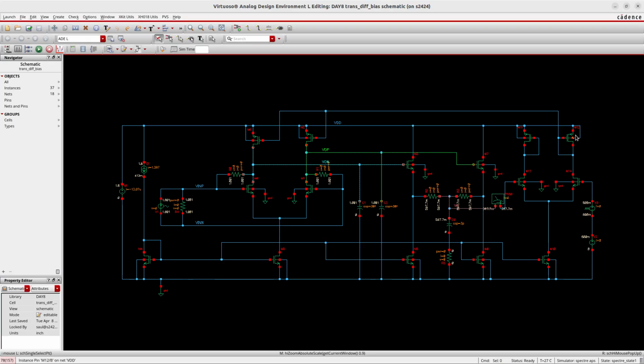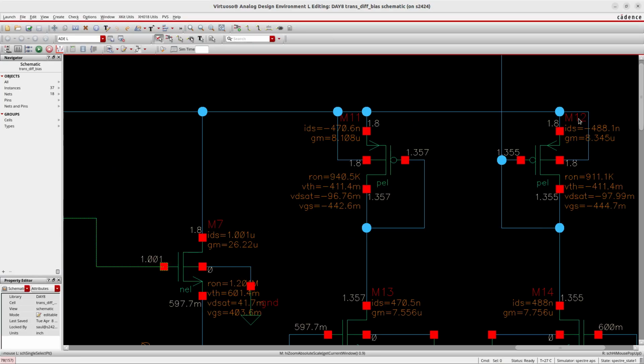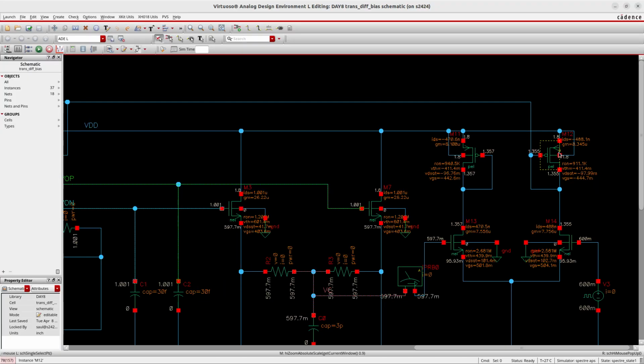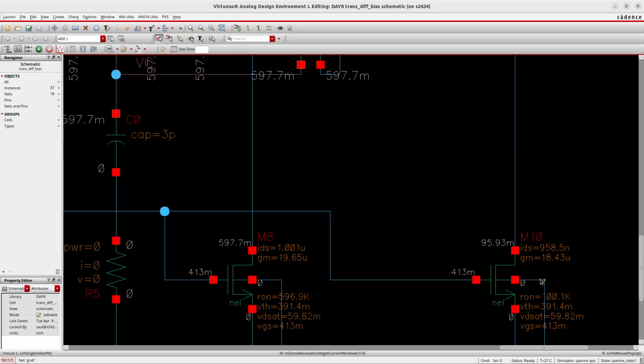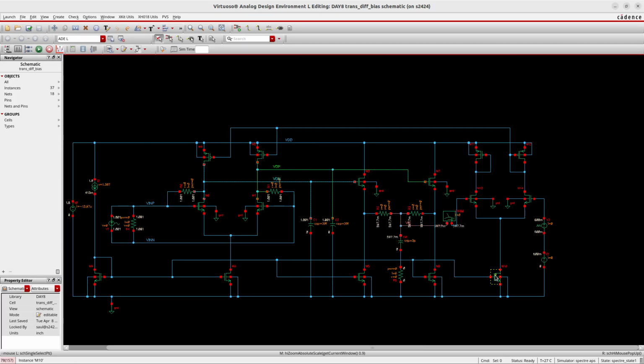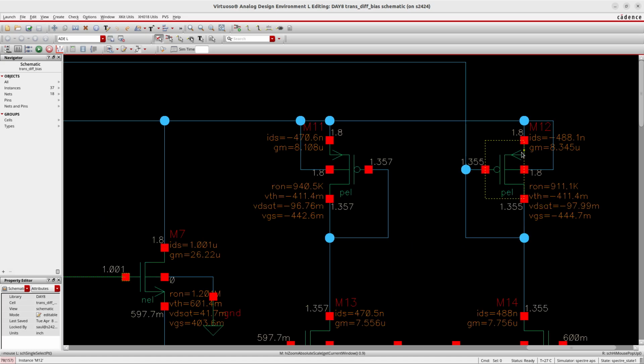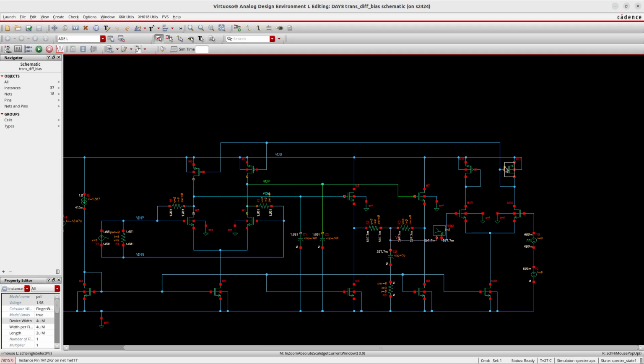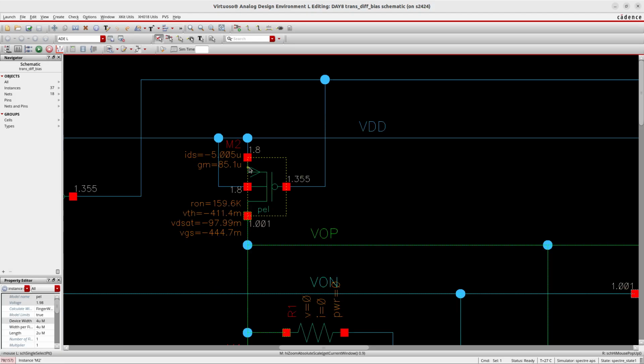Now, the current that I have in this case is around 1 microamp here, so it is going to pass around half a microamp in this diode connected transistor, and here we will pass 5 microamps.